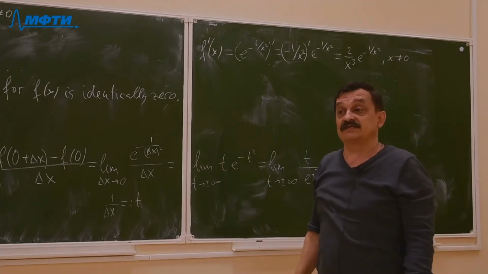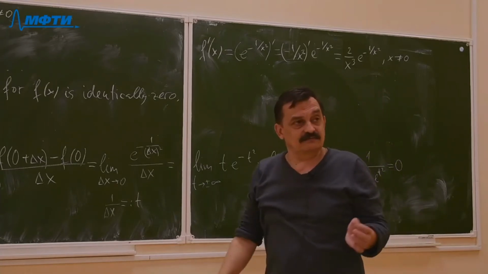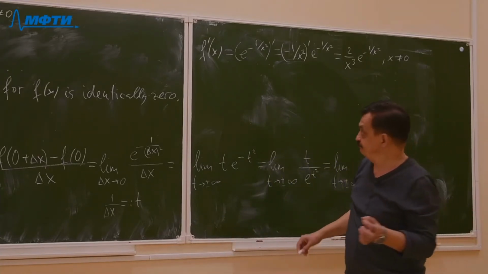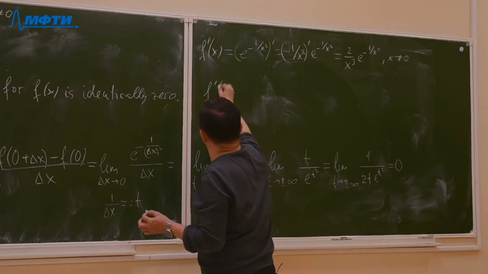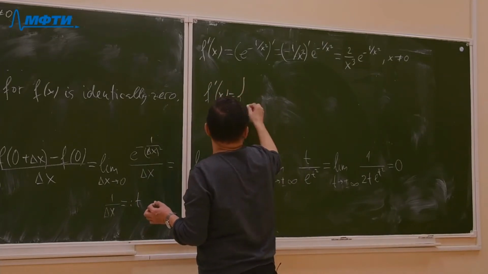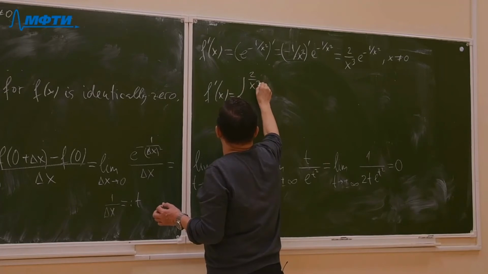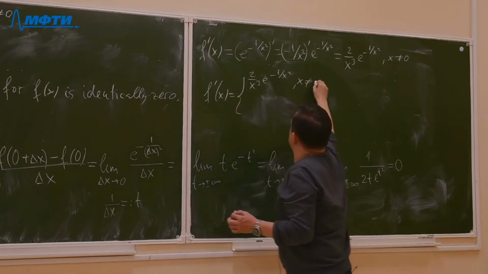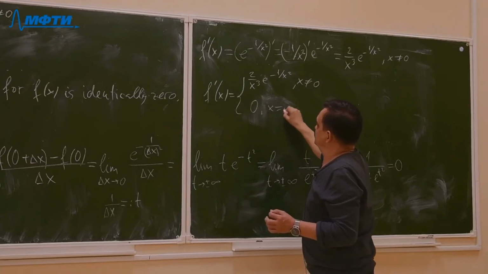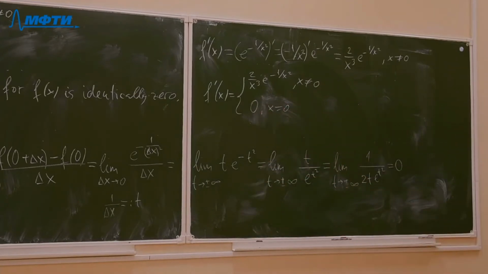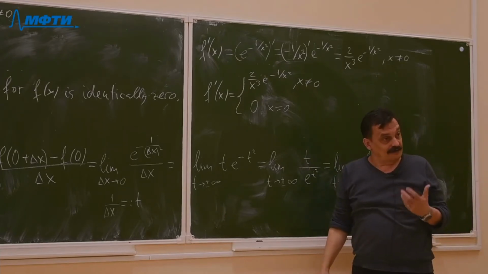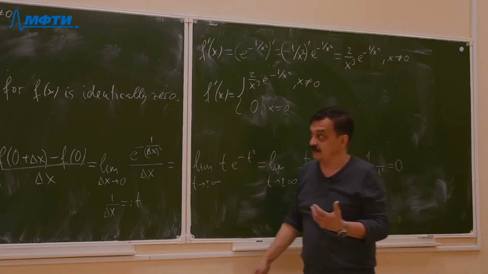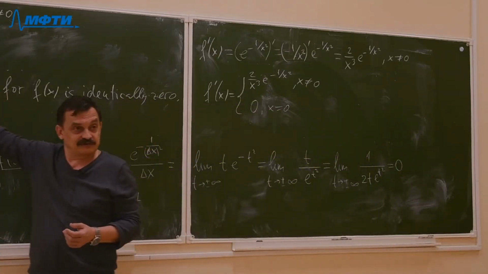So it means we determined completely what is f prime of x. I can write now f prime of x as a function as follows: it is 2 over x cubed times e to the power minus 1 over x squared if x is not equal to 0, and 0 if x equals 0. F prime at 0 we computed just now, right? So, now we understand what we have to do to prove this claim.